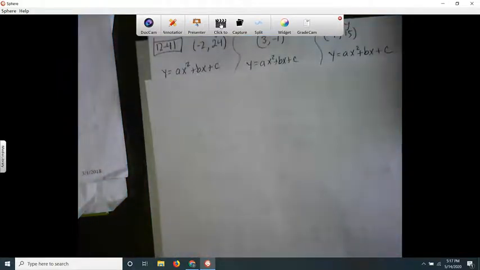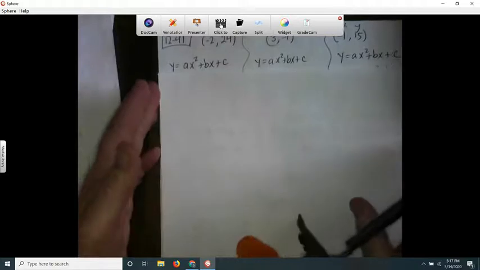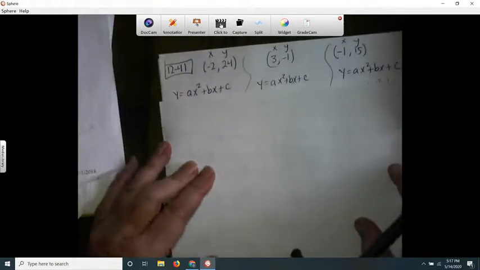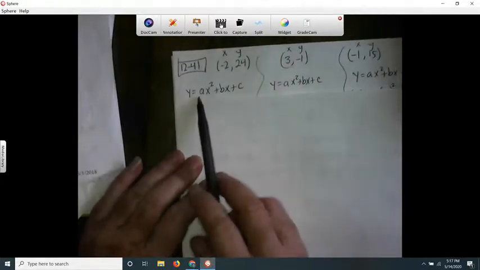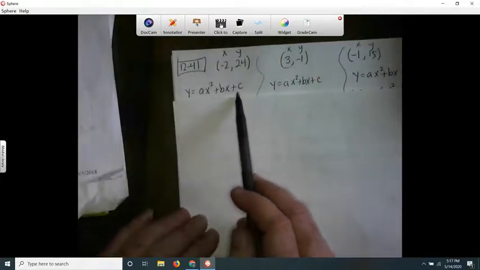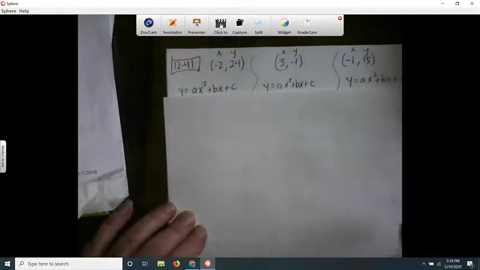But on this one, you're supposed to recognize that the graphing form of a parabola is y equals a times (x minus h) squared plus k, but the standard form of a parabola is ax squared plus bx plus c. The homework help tells you to do this.